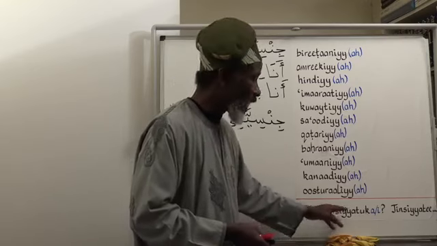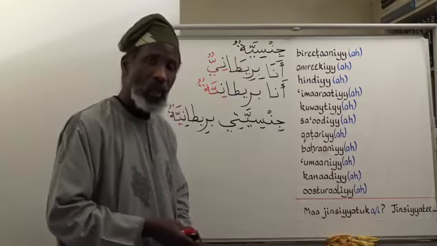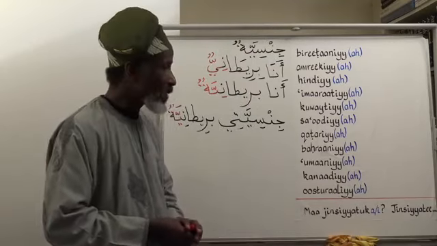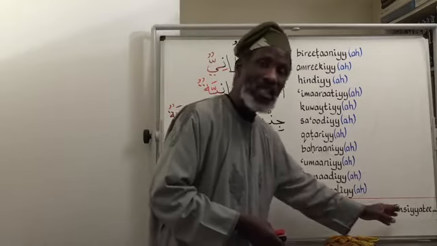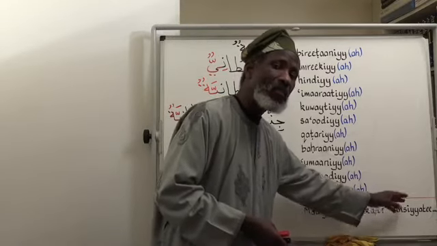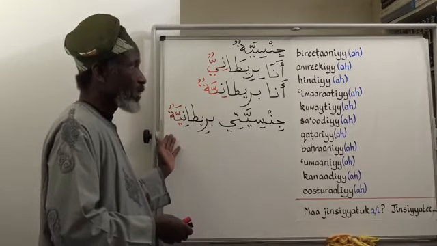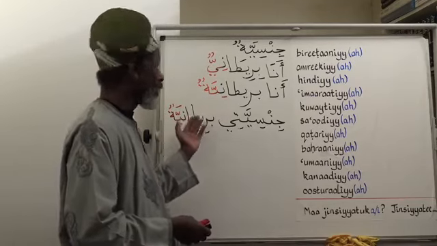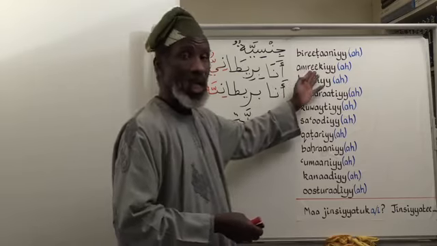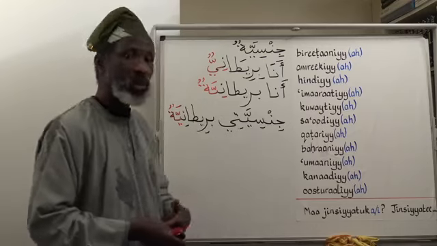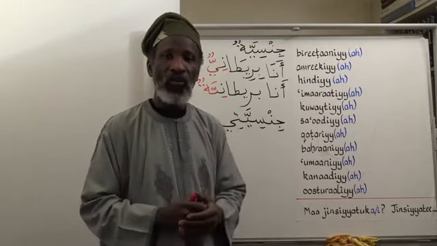Ma jinsiyatuka, if you are speaking to a man. Ma jinsiyatuki, if you are speaking to a female. Jinsiyati, both of them will answer the same. Jinsiyati Britaniyatun, jinsiyati Amerikiyatun, jinsiyati Hindiyatun, jinsiyati Imaratiyatun, and so on.